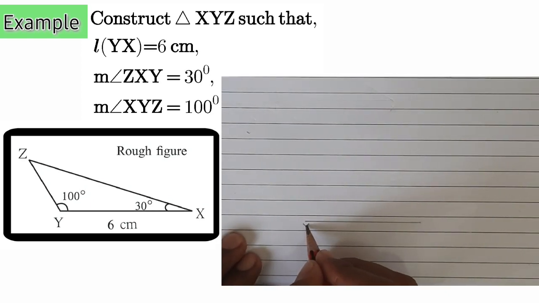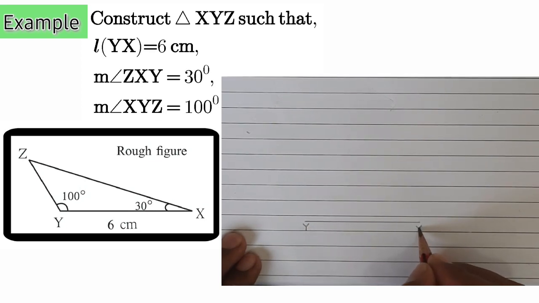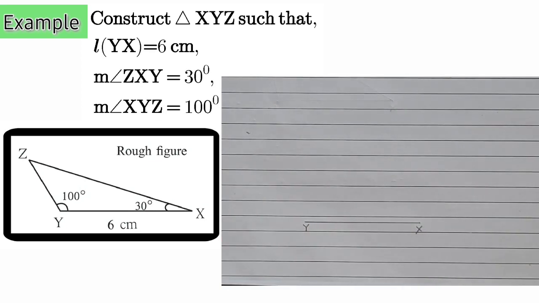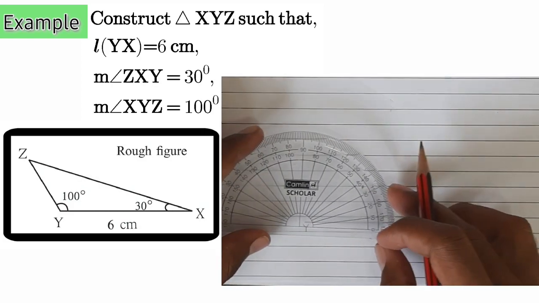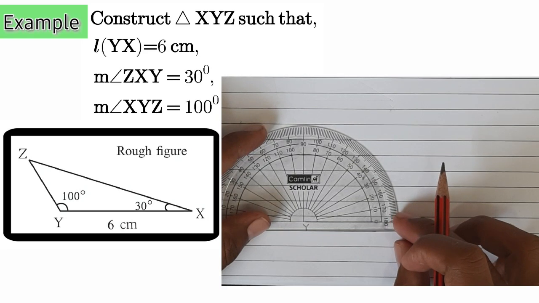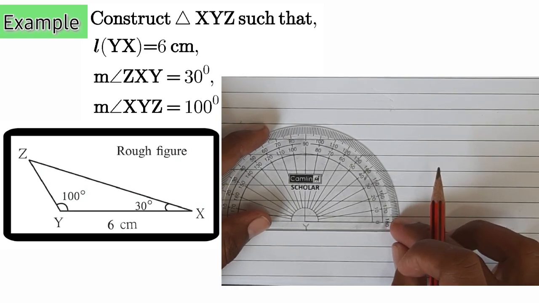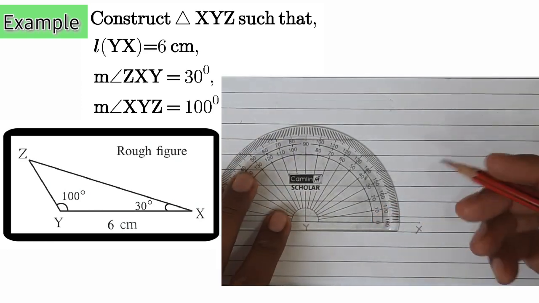This is segment YX. Now at point Y, we have to draw an angle of 100 degree using the protractor. Place the protractor at point Y and measure the angle 100 degree.